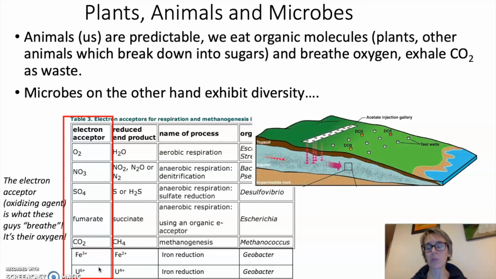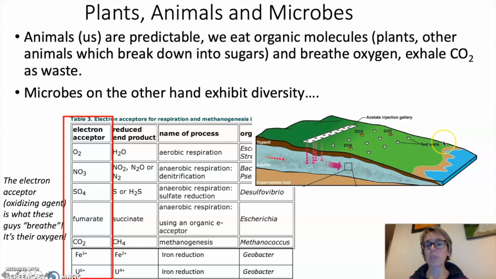So the reason why I know a bit about this, and I'm really not a microbiologist by any means, is that I was looking at the chemistry of a uranium-contaminated site in Colorado, where our research team dug some wells and injected a carbon source, acetate, into the aquifer where there was some uranium residual from a uranium milling operation.